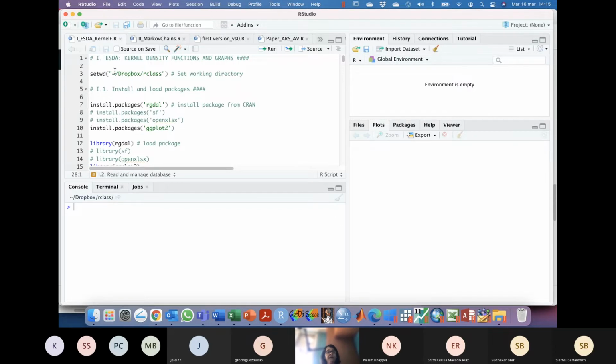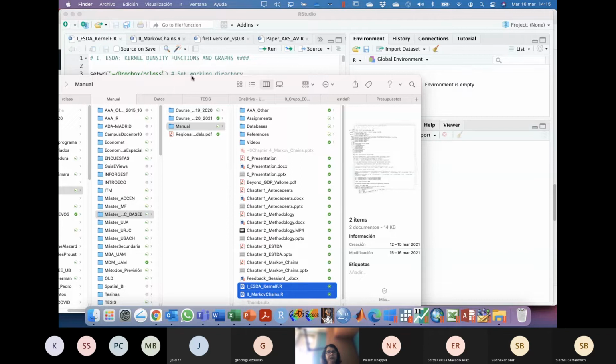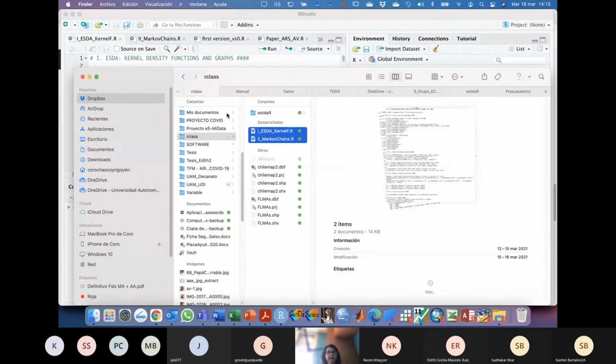I've copied everything in a working directory. It's a very simple one, R class. R class is a working directory that depends directly on my Dropbox or my hard disk, because I have everything in Dropbox.